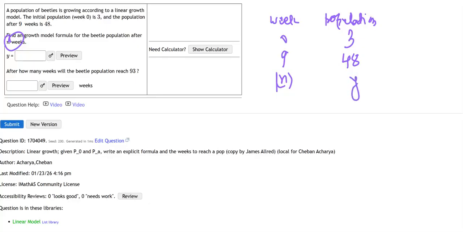y. Here we have an equation y equals, so we model the population as a variable y. So this is the linear model, and as you remember if you read the book, linear model is going to be y equals mx plus b in this format, where m is the slope or constant rate of change, and b is the y-intercept.